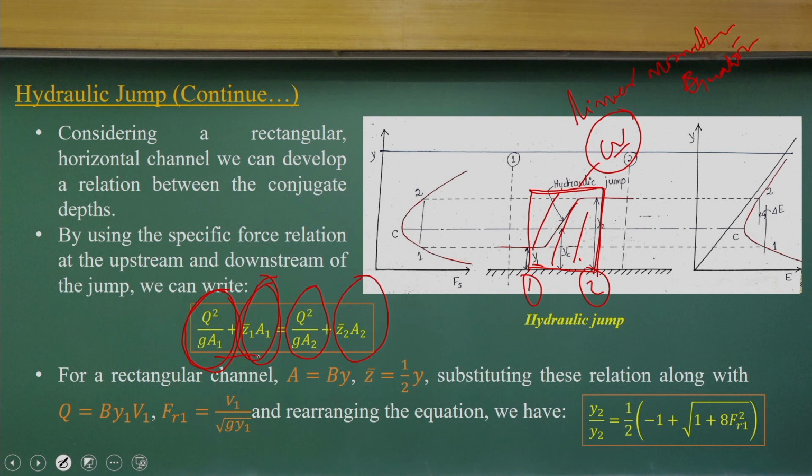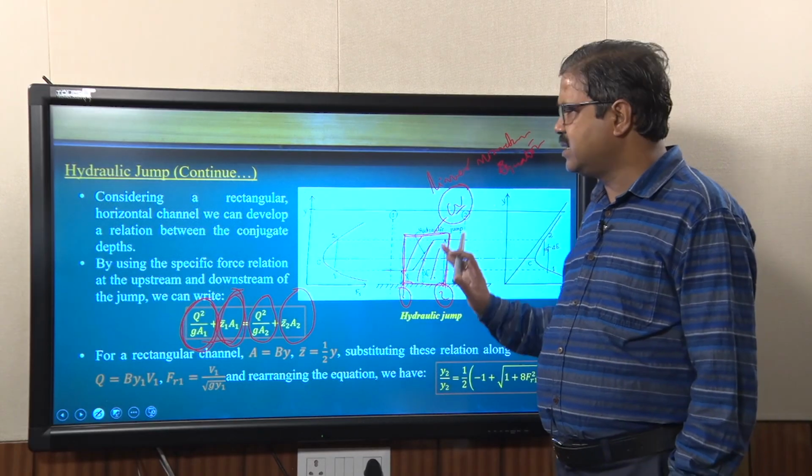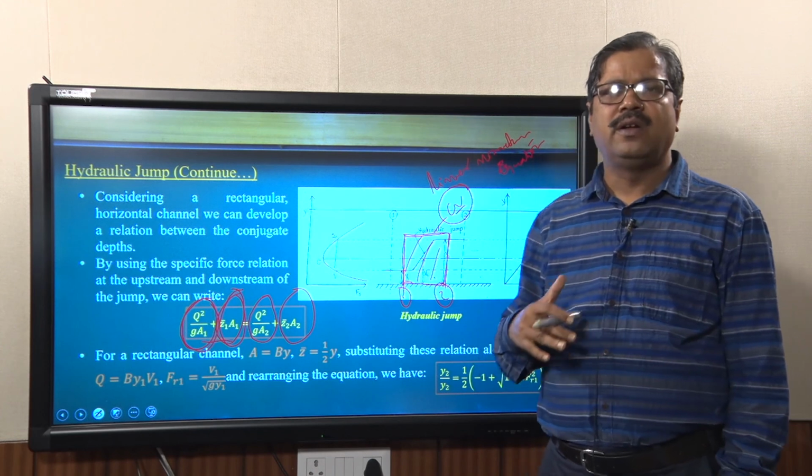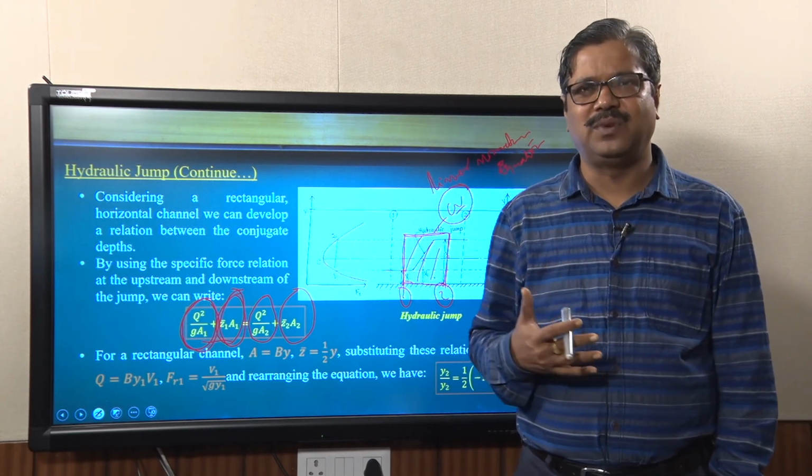That is equated as the force component at sections 1 and 2. It is nothing else but the linear momentum equation applied to this control volume, and per unit weight, that is defined as the specific force.